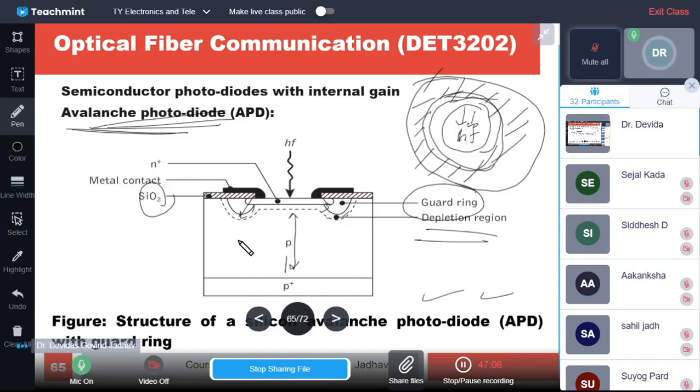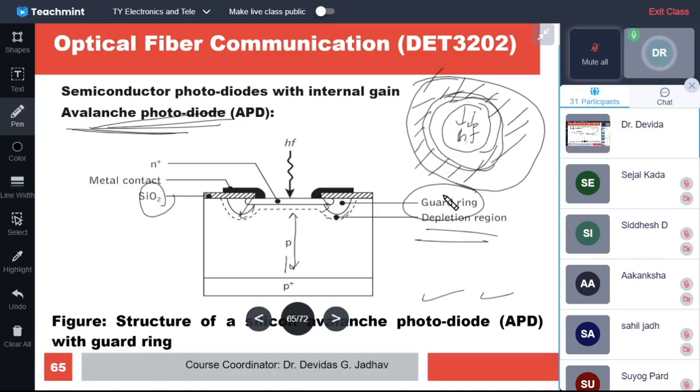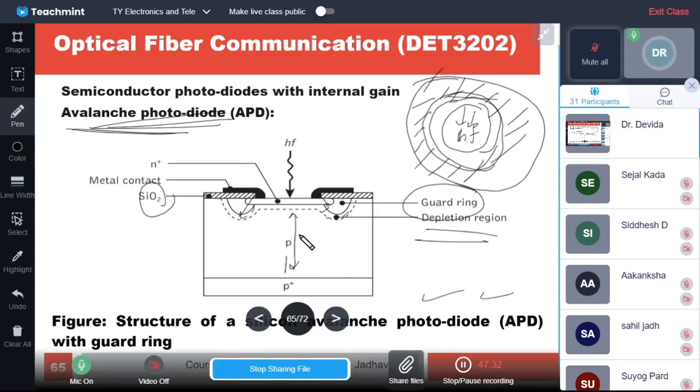Under the contact metallization there is a silicon dioxide which provides insulation of the metal from the edges of the junction, and there is also a guard ring to limit the leakage current. And the depletion region and absorption region is the intrinsic region, which is absorbing the photons incident on the device. And this is the structure for the avalanche photodiode.